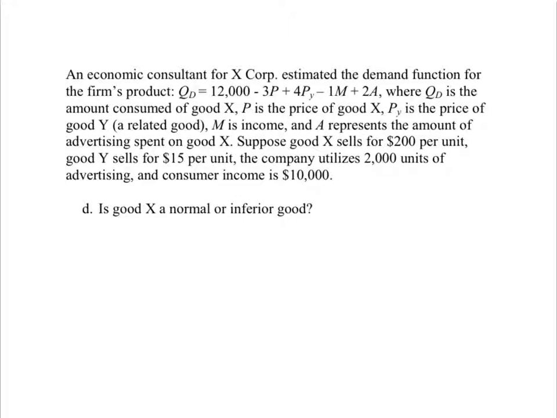Last question, is good X a normal or inferior good? Well, again, we want to focus on a coefficient. Normality and inferiority are based on how a good responds to changes in income. We'll notice that the income term has a -1 m, -1 times income.